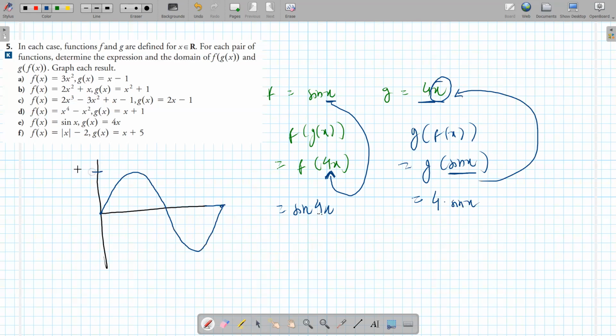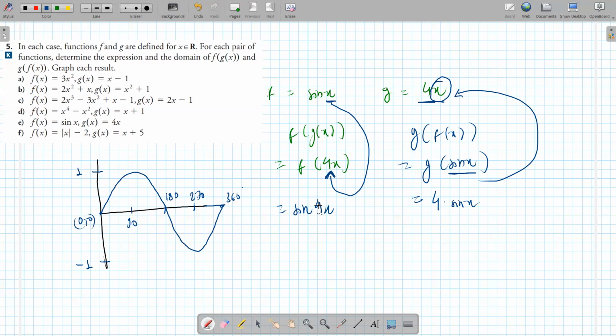It looks like this, has a maximum at 1, has a minimum at -1, and goes through intervals of 90 degrees. So it starts at (0, 0), and at 360, because it's a circle, comes right back to 0.